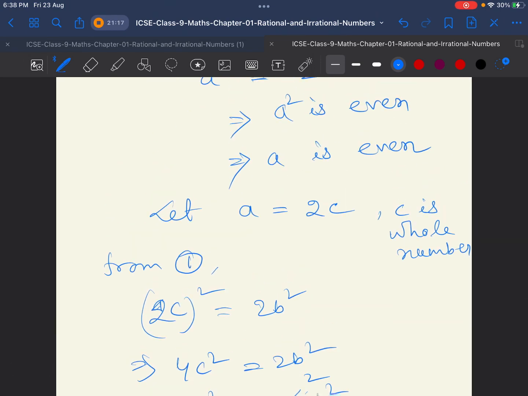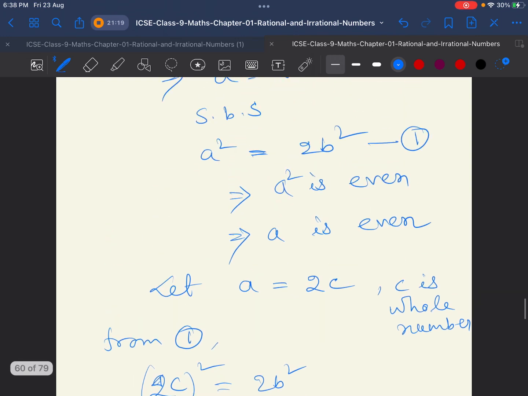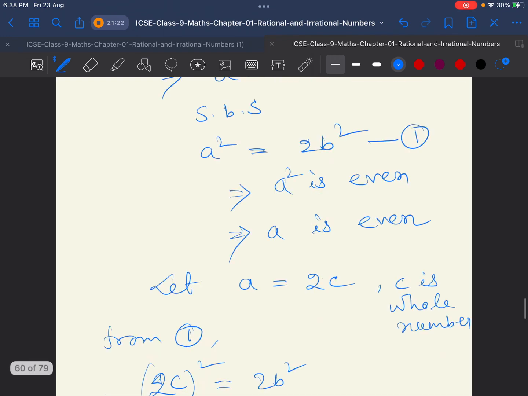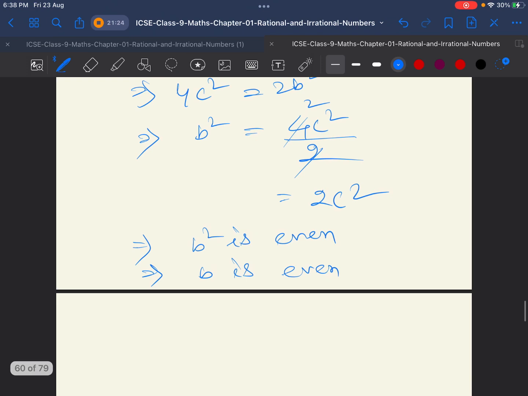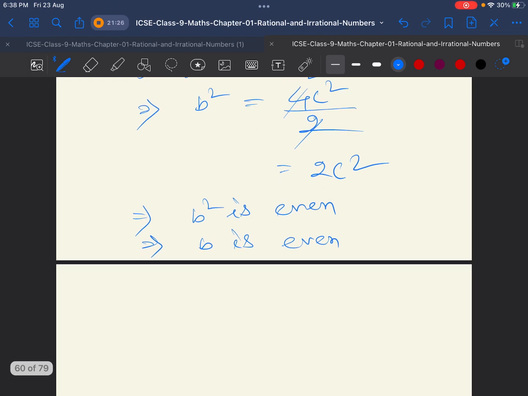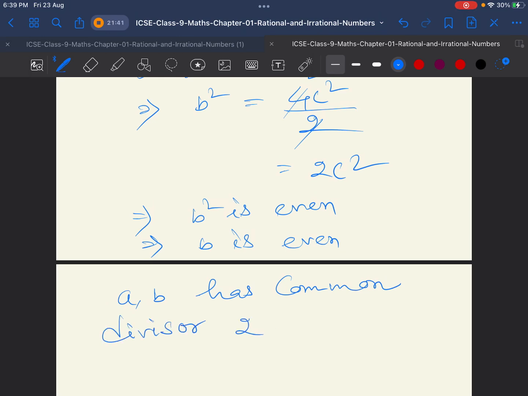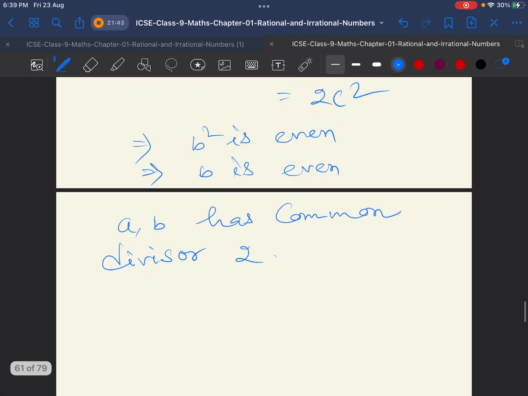So except 1 and this number, a and also b have a common divisor, that is 2. Okay, so a and b have common divisor 2.